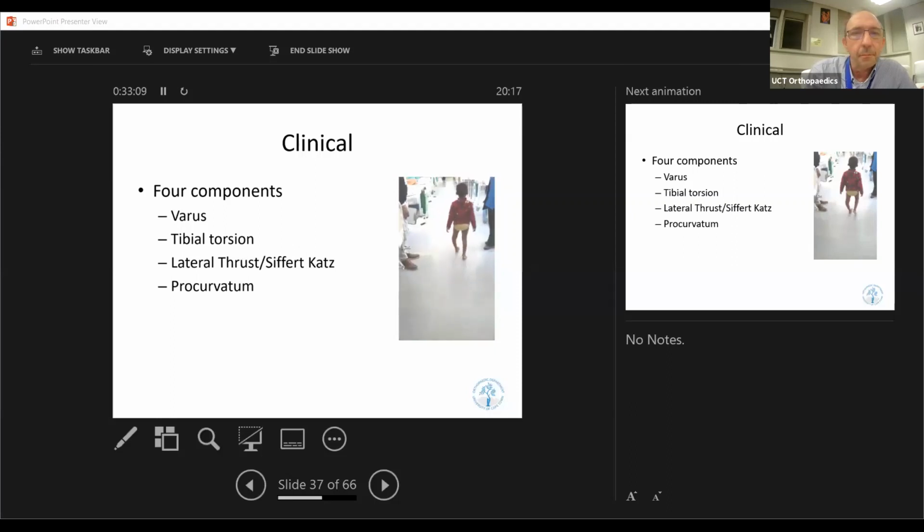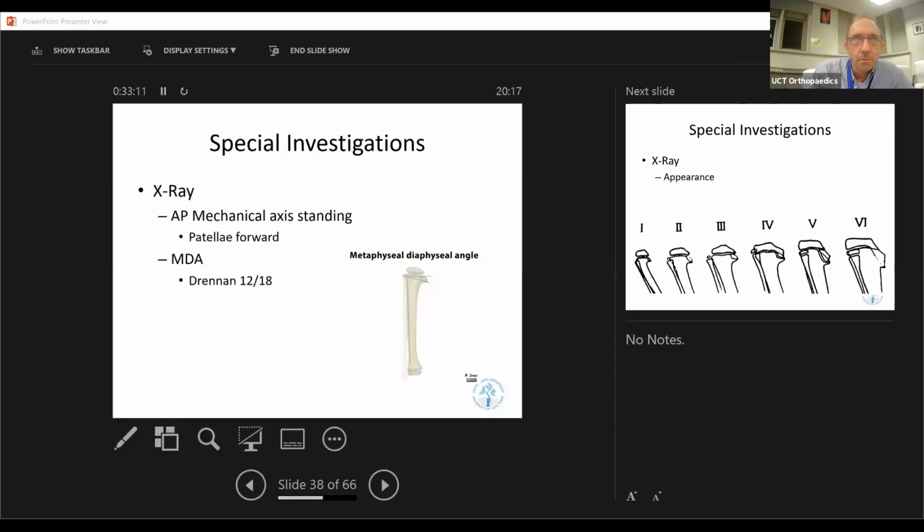Right. So you've got a clinical presentation, and we're just getting back to the fact that hopefully this is an ideal case. Special investigations, x-rays, and ideally, once again, AP mechanical axis standing. This implies patella facing forward.